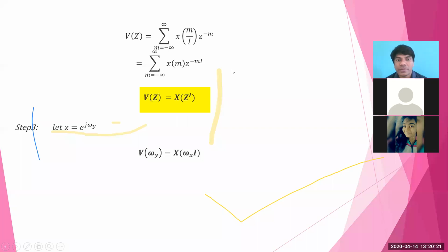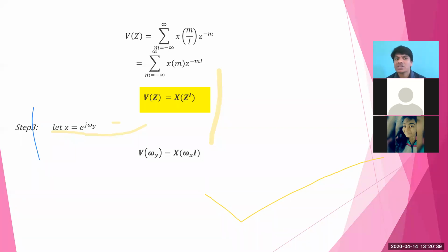Now you can see that expression right above it is in fact a z transform, but in the place of z power minus m, I have z power I whole power minus m.